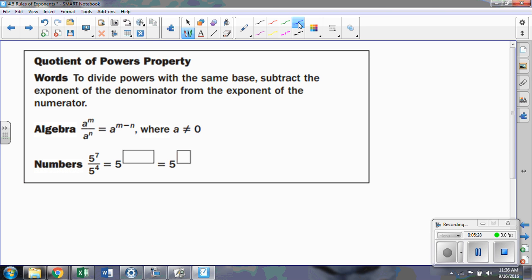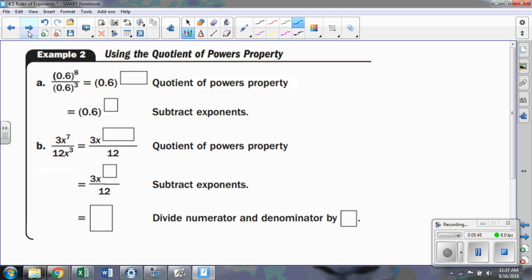So here, 5 to the 7th divided by 5 to the 4th. 7 subtract 4 equals 3. We're done. Similarly, 0.6 to the 8th power divided by 0.6 to the 3rd power. What do you do with the exponents? Subtract them. 8 minus 3 is 5. We're done.